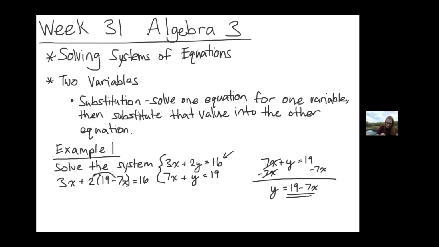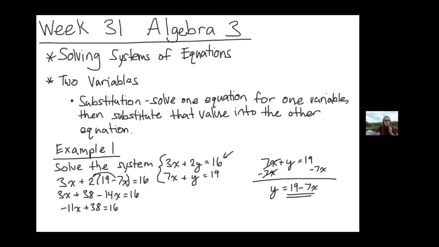So distribute the 2 here to get 3x plus 38 minus 14x equals 16. Combine like terms, 3 minus 14 gives us negative 11x plus 38 equals 16.